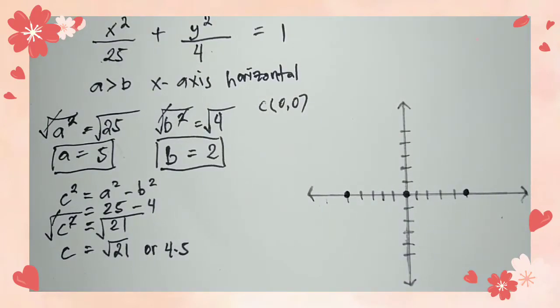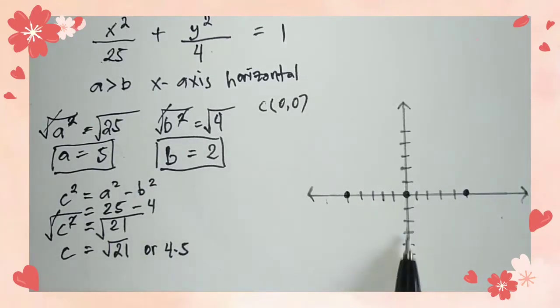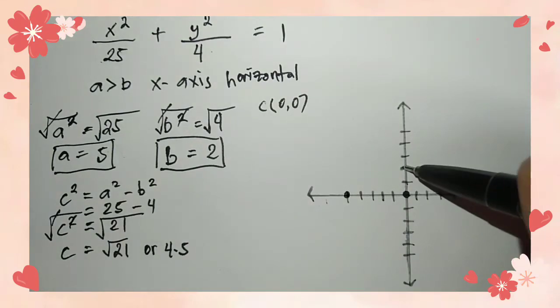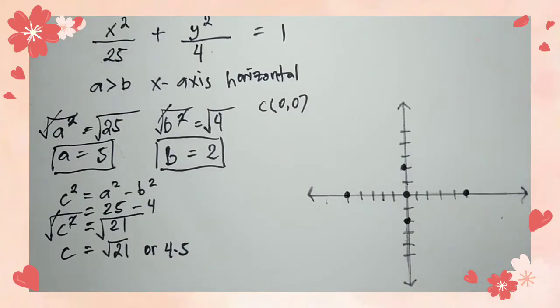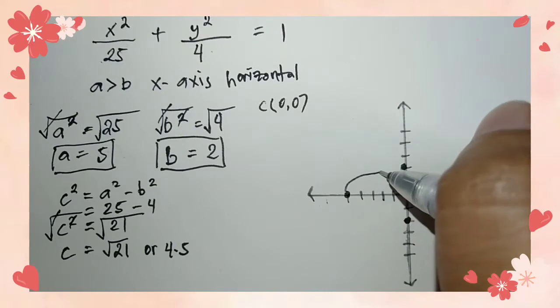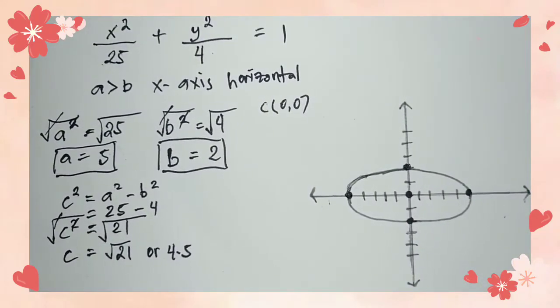Then, the next thing to do is to plot our co-vertices. Since ang ating co-vertices is itong B, nasa y-axis siya, so ito yung ating magiging co-vertices. Nandito siya. So, we have 2 units from the origin, 1, 2, and 1, 2. Alright? And then, next thing to do is to connect the dots. Okay? Iko-connect lang natin siya, enable for us to create an ellipse. So, ganito lang siya. Okay, so yan na yung ellipse natin.